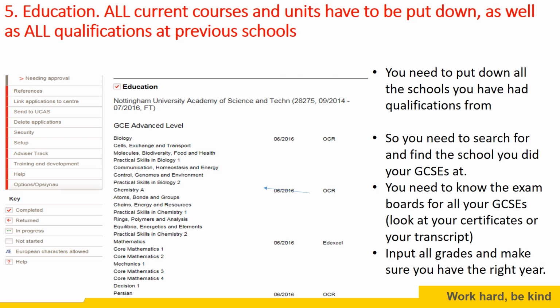If you get the wrong exam board, the chances are the subject that you're putting in may not even exist with the other exam board. So make sure you've got the right exam board. You need to make sure you've got the right year that you completed them, because otherwise that will cause you problems. And you need to input all of your grades. Okay, so it takes a little bit of time. You've got to remember all of them, and it's fiddly.